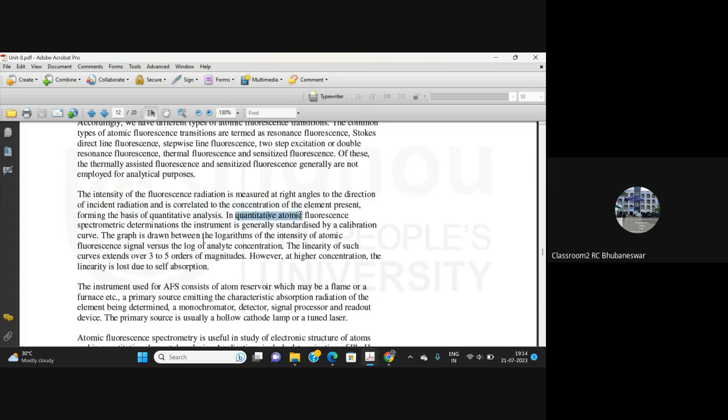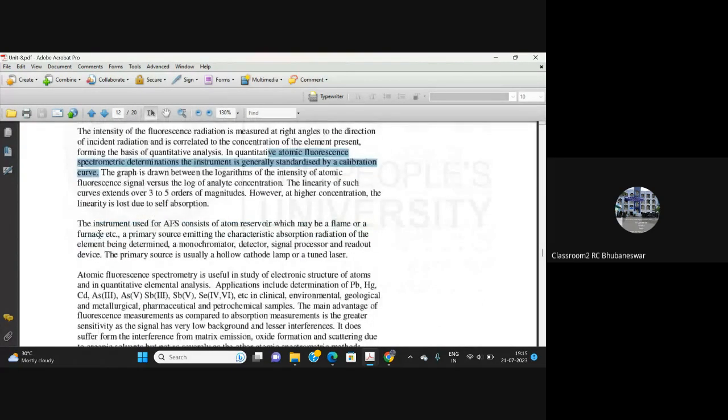The quantitative atomic fluorescence spectroscopic determination by the instrument is generally standardized by the calibration curve. It is applicable for most of the spectroscopic methods which are used for quantitative analysis. Okay, the calibration curve is very, very important.